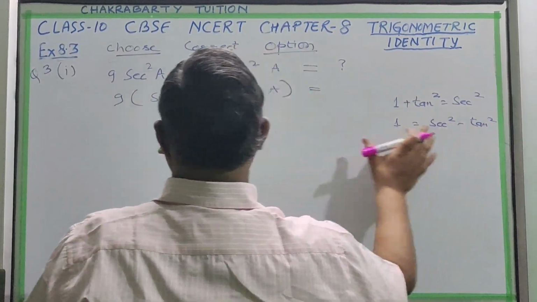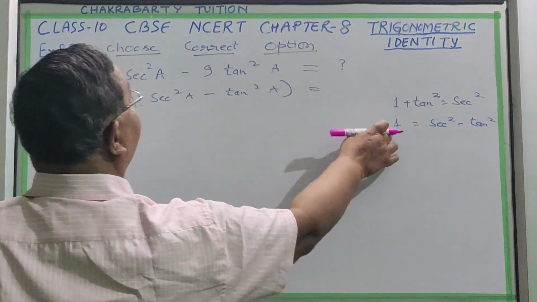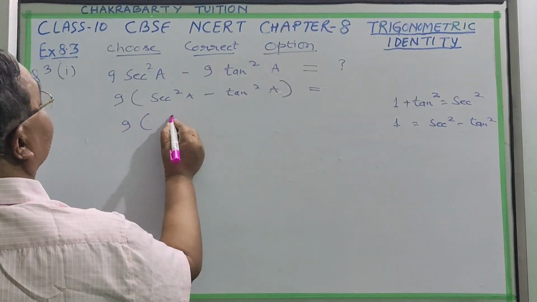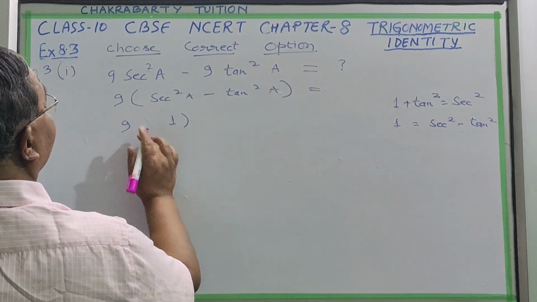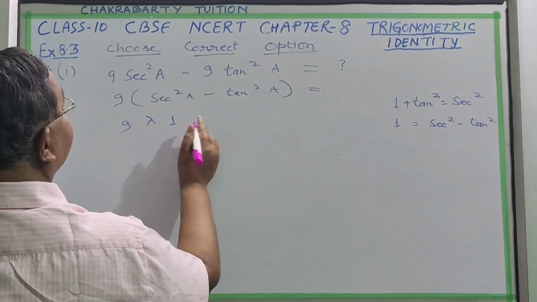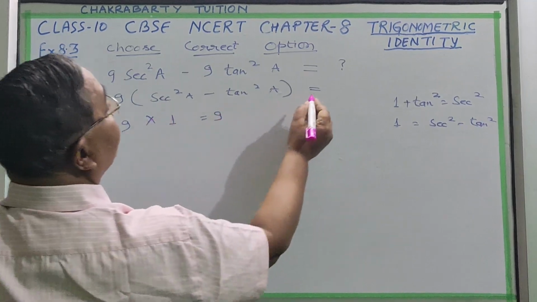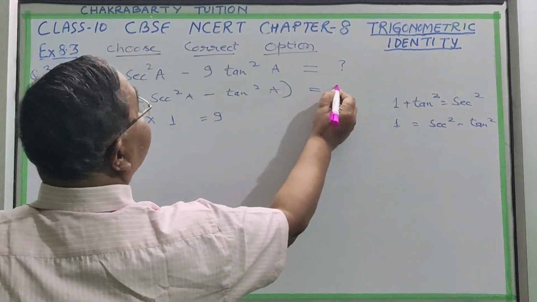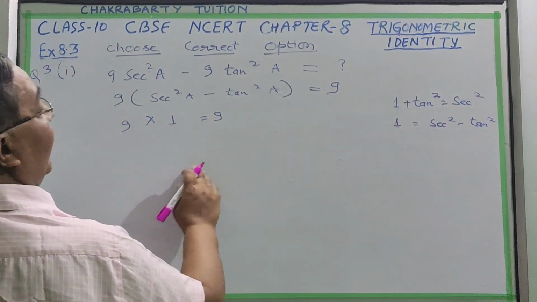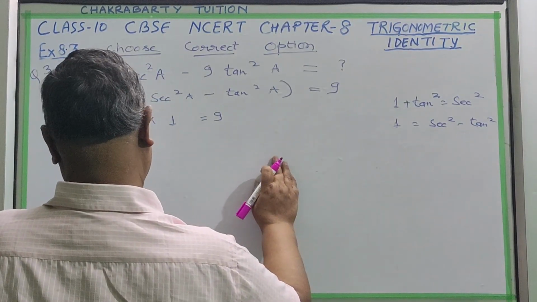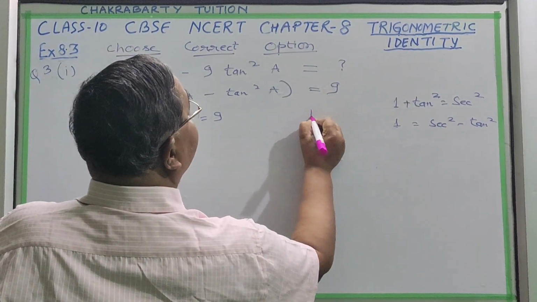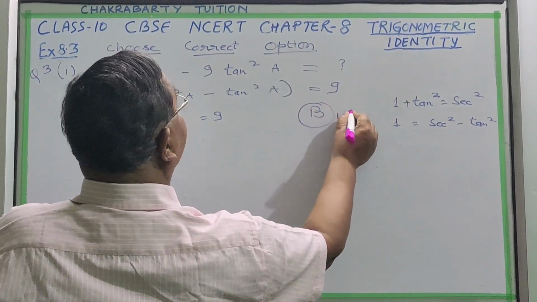So sec square minus tan square is equal to 1. We can use this here, into 1, so 9 is coming. Among the options A, B, C, D, it is option B, so your answer will be B.